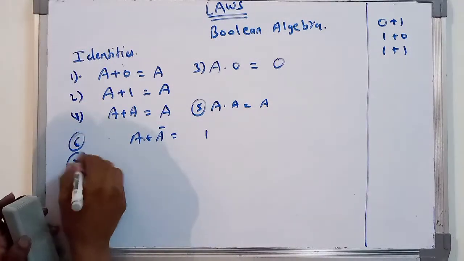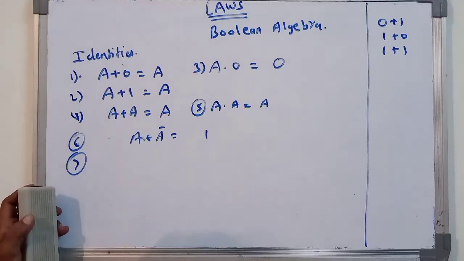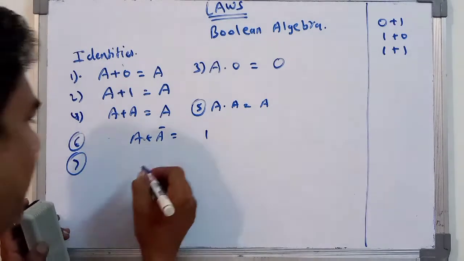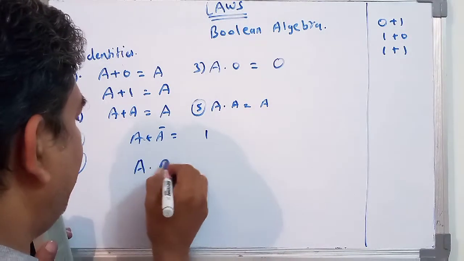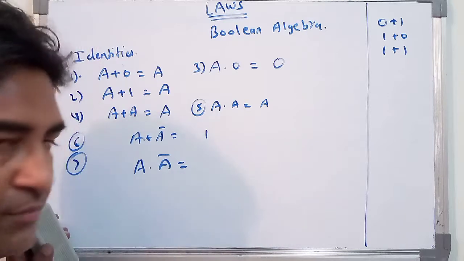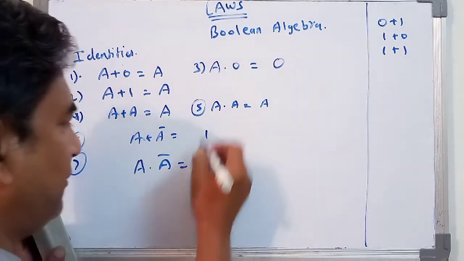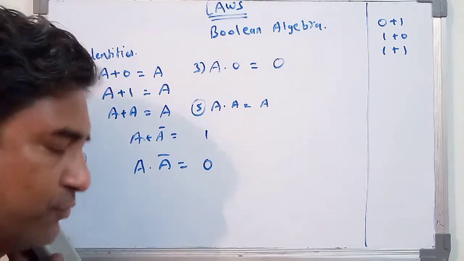Then the seventh identity is A dot A bar; again considering A as 1, you will get the value 0.